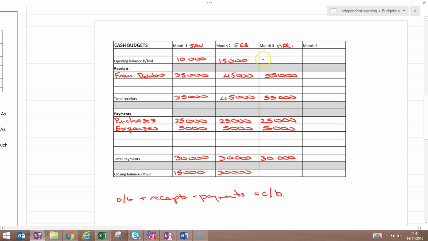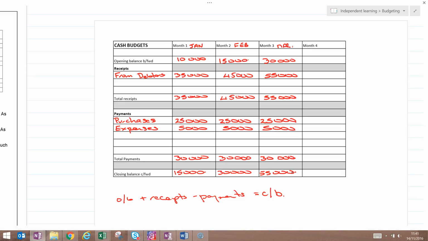So that's our opening balance for March. Again, add on our receipts of 55,000, so that will give us 85. Take off our payments of 30,000, will leave us with £55,000. So that's our closing balance at the end of March.